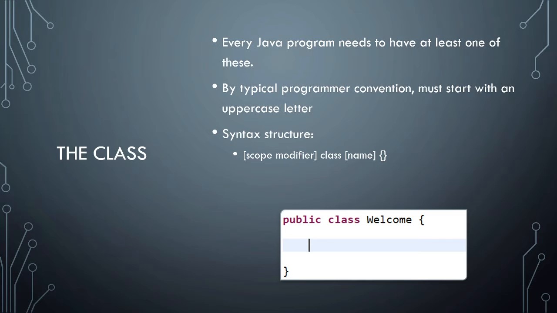You could actually forego a scope modifier, but it will default to being package level at that point. We'll get more into that later down the line. Then you have the keyword class, and then the name of the class, followed by curly braces, which denote that anything within the curly braces belongs to this class.